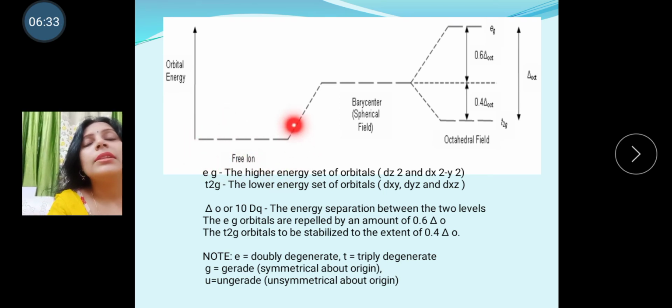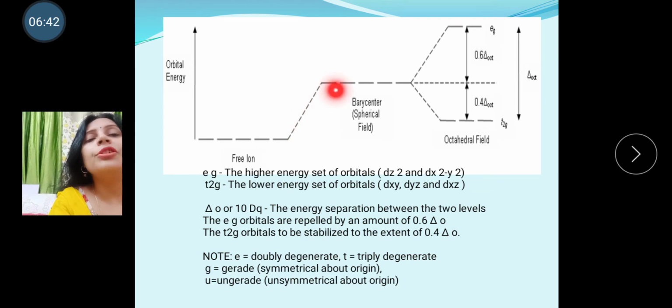As soon as the ligands approach near, these 5d orbitals hypothetically get raised in their energy for some time, and when actually the six ligands have approached along the axes, the energies of these d orbitals change.